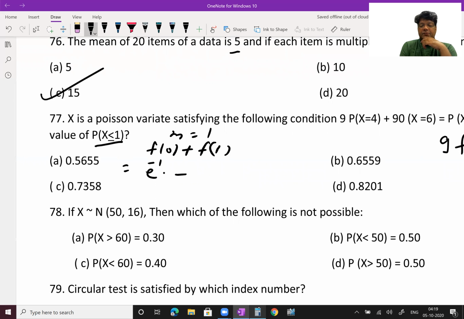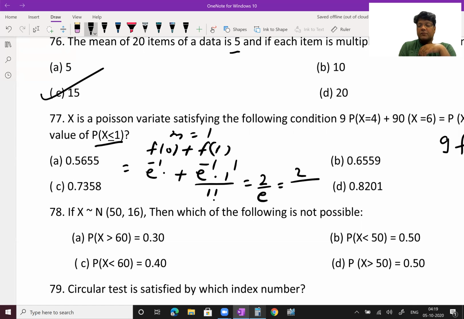Plus f of 1 will be e power minus m into m to the power x divided by x factorial, that is 1 factorial, 1 only. So actually it is coming twice e power minus 1, means 2 into 1 by e, 2 by e.